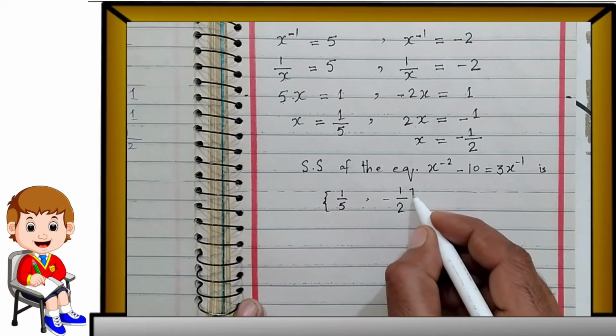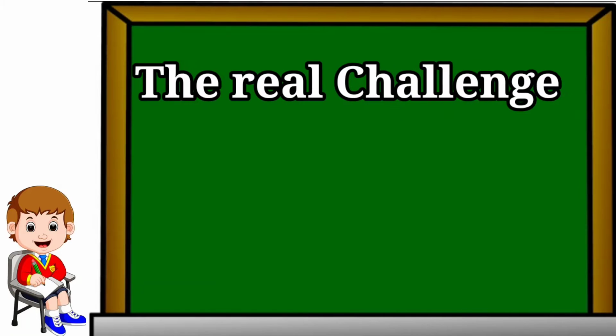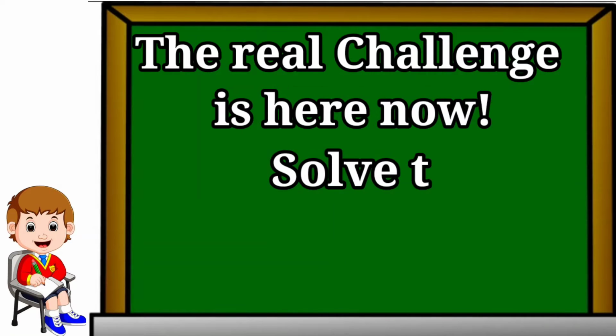Students, it is the correct solution of the given equation x raised to minus 2, minus 10, is equal to 3x raised to minus 1.